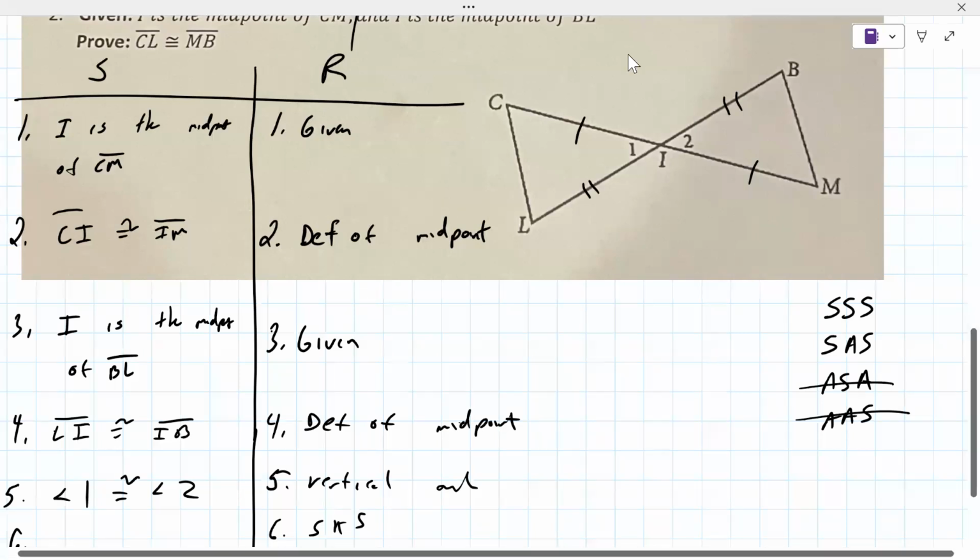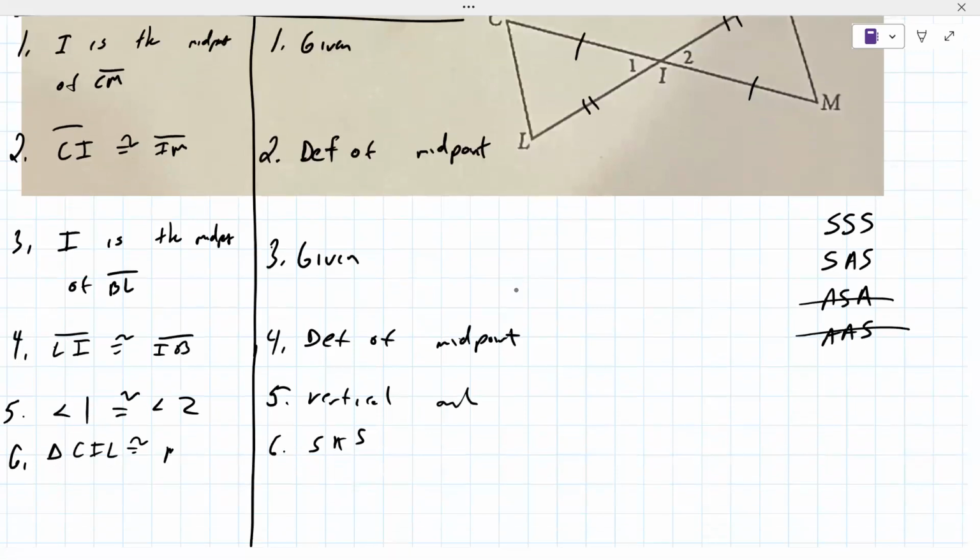No. The triangle. You have to use CL and I, or CI and L, or LCI, but remember it's a path. If you start at C and you go down to I, you're going down the single. CIL is congruent to what? It's congruent to MIB.